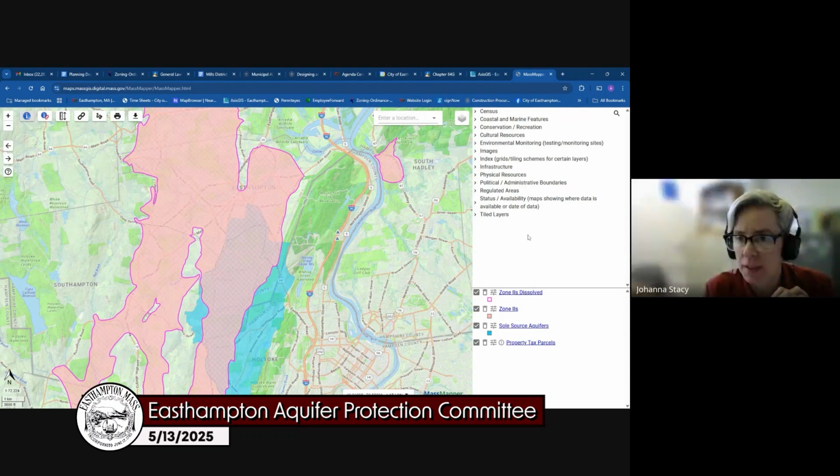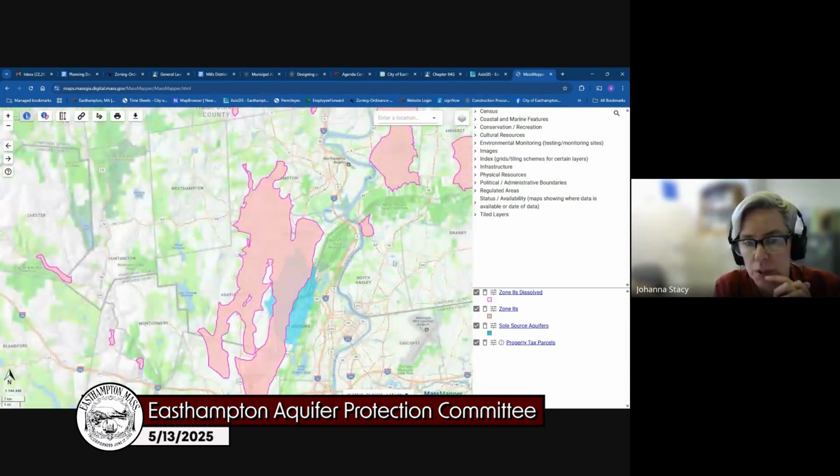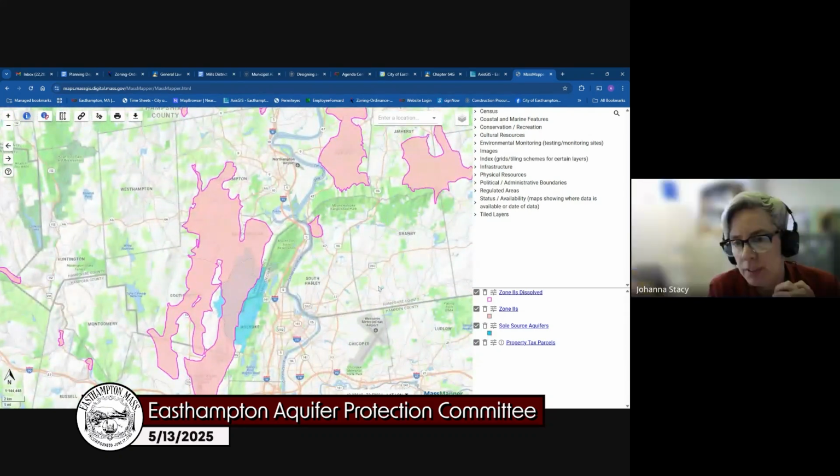I think there's a polygon layer for each individual well, and the dissolve layer is dissolving all those polygons, so it shows the entire area that's covered by wellhead protection zone 2. Oh, okay. I believe that's what it looks to be showing.